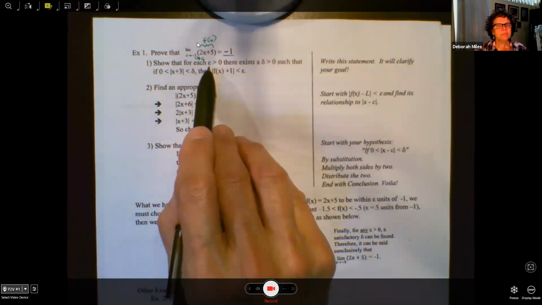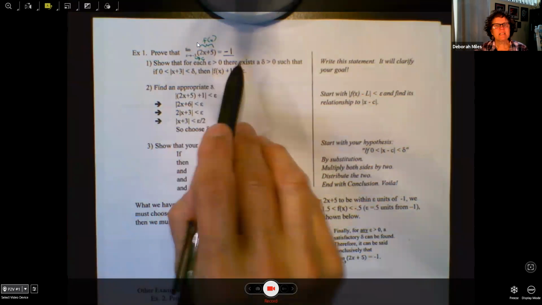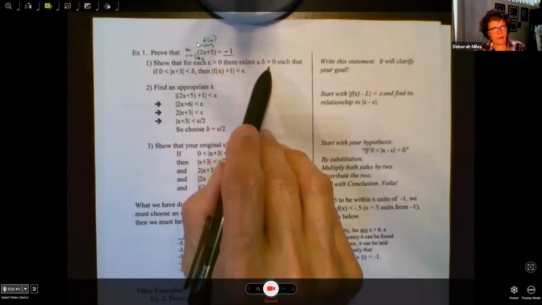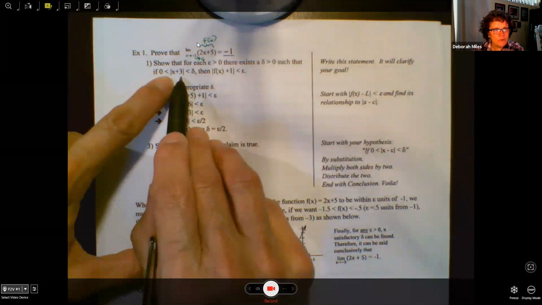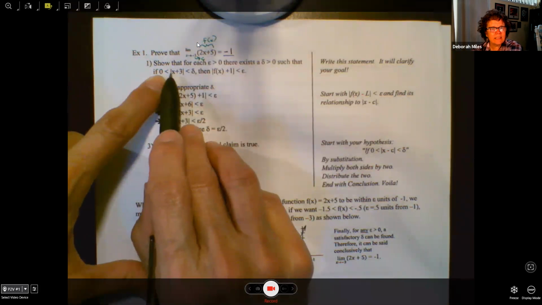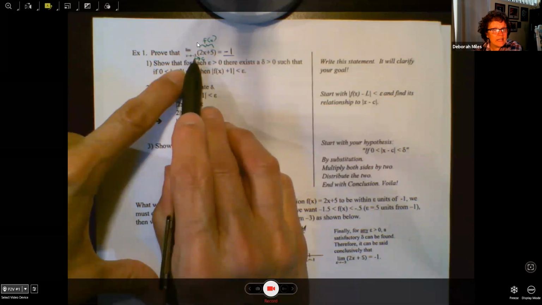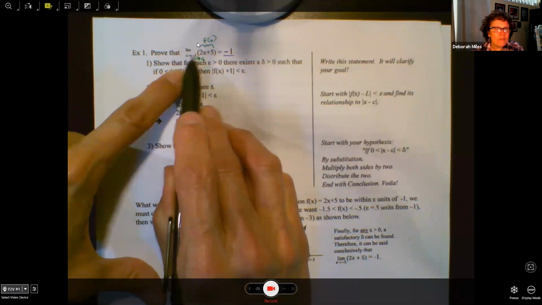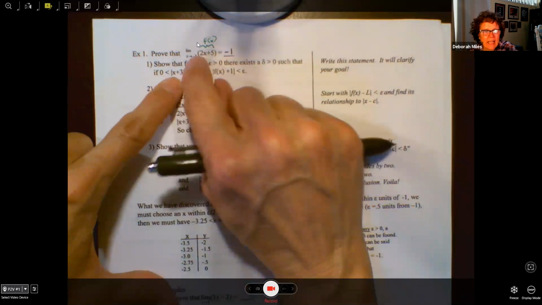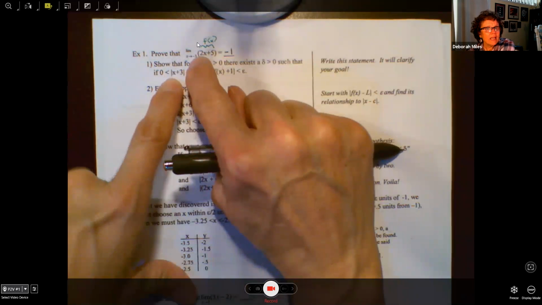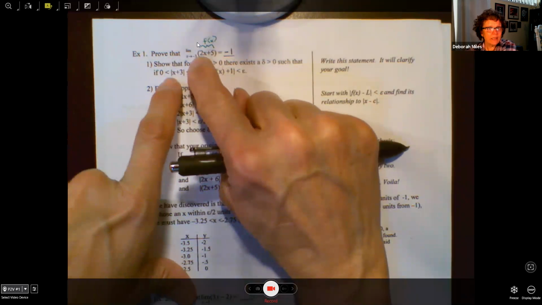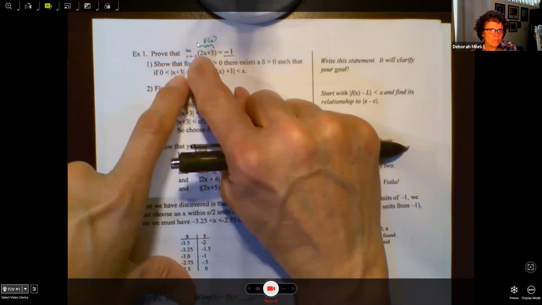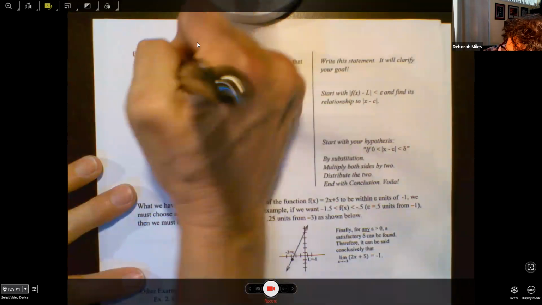For any epsilon greater than 0, there exists a delta greater than 0, such that if the absolute value of the distance between x and -3, which is actually x minus -3, and x minus -3 is just x plus 3. So this is the distance between x and -3.